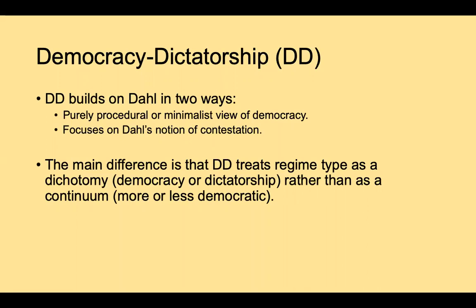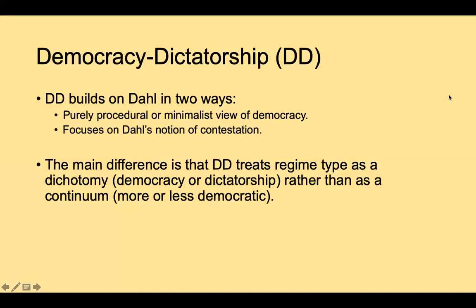But the main difference, and really the most important difference for our purposes, is that democracy dictatorship treats regime type as a dichotomy. So the regime is either a democracy or it's a dictatorship. It's not somewhere in the middle. It's not some shade of democracy or shade of dictatorship. It's simply either a democracy or a dictatorship.